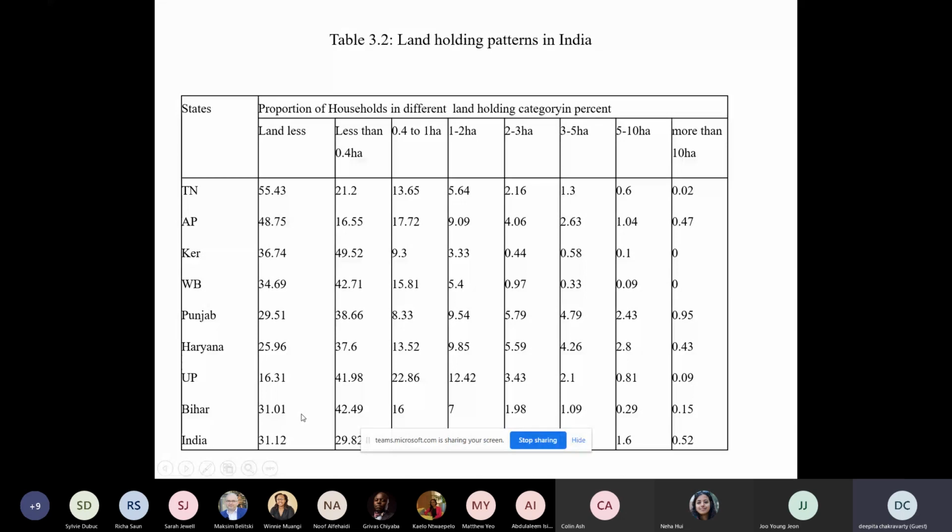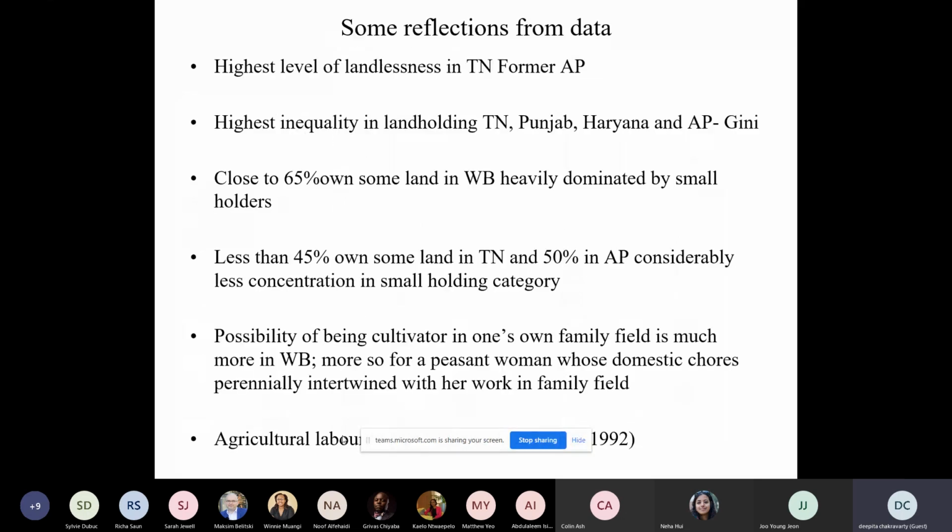Sorry, I missed the state of Orissa, but Orissa would show a similar figure of about 30% or so. Right? So we can see that there's a significant difference in the incidence of landlessness between the southern Indian states of Tamil Nadu, former AP and Karnataka, and the eastern Indian states.